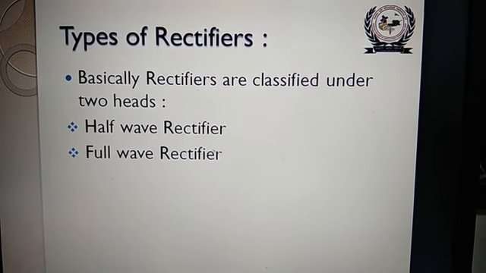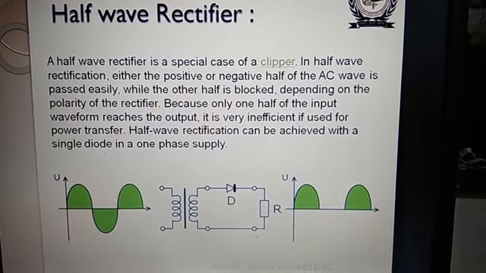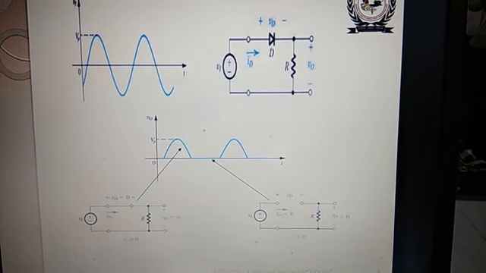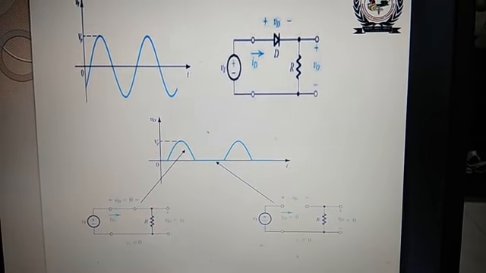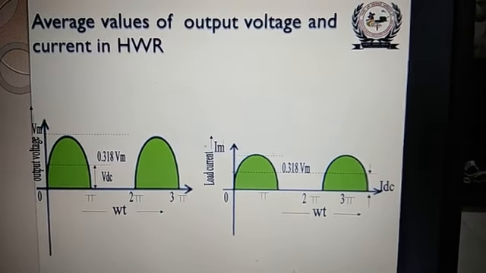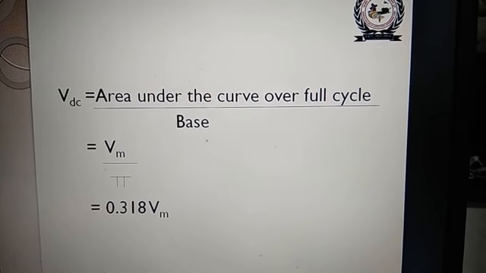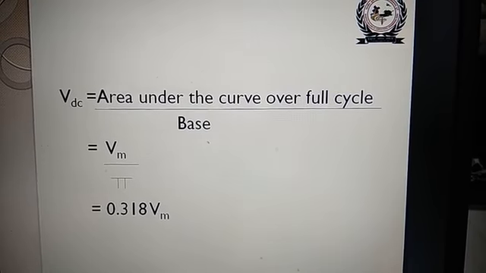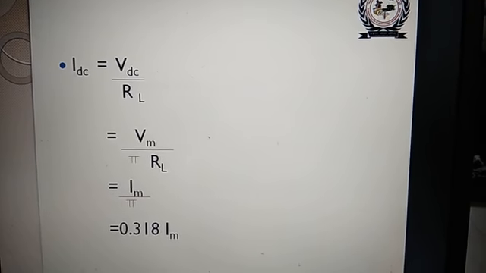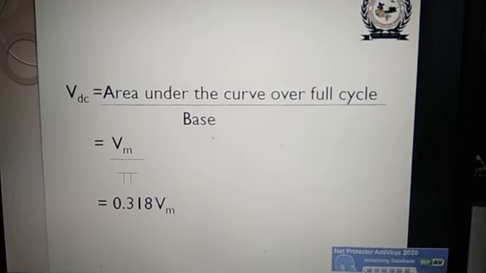Out of these we have seen the half-wave rectifier: its circuit, operation, and waveforms, the input and output waveforms, and the average value of the output voltage, that is DC output voltage and DC output current, Vm by pi and Im by pi.